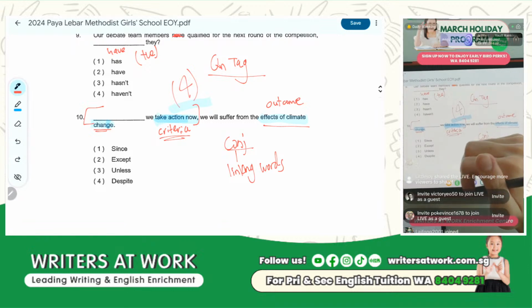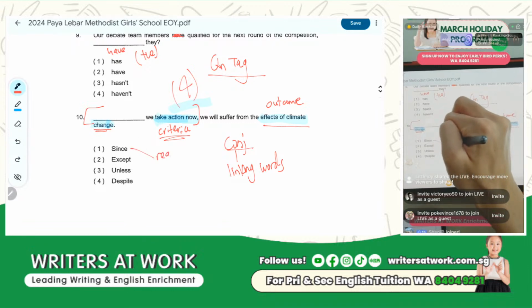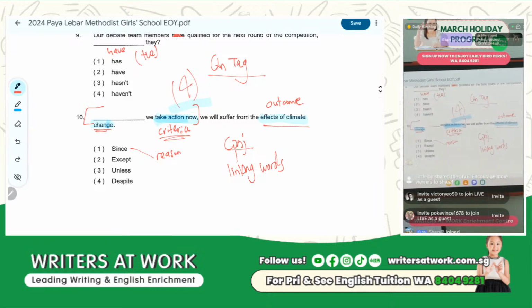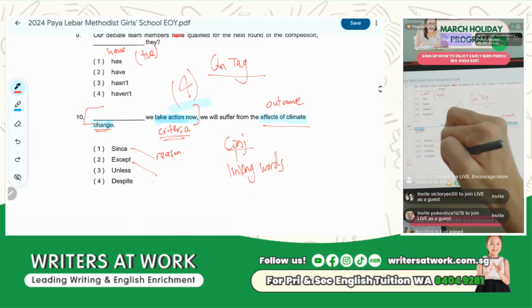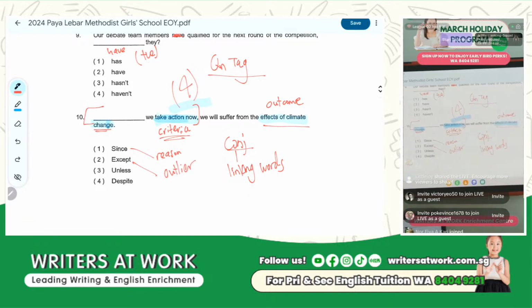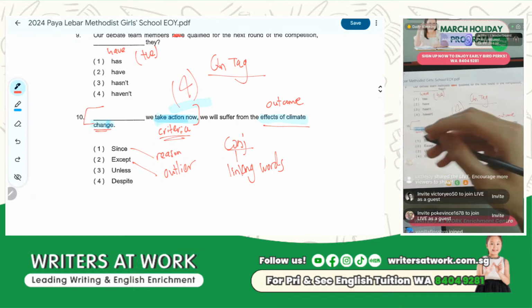Looking at the options, since is used to show reason. Since the train broke down, I was late for school. Except is used to show outlier. Except all the students went for learning journey except Tom was sick.